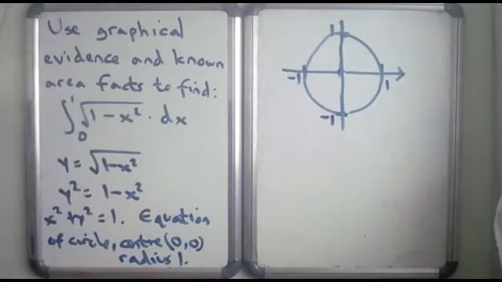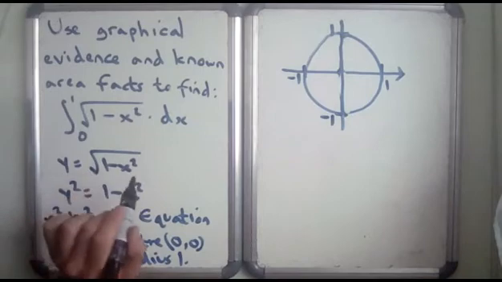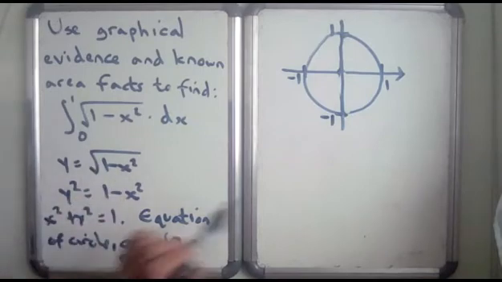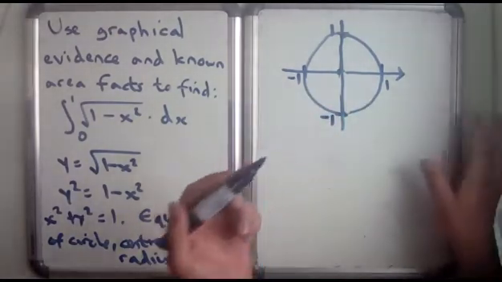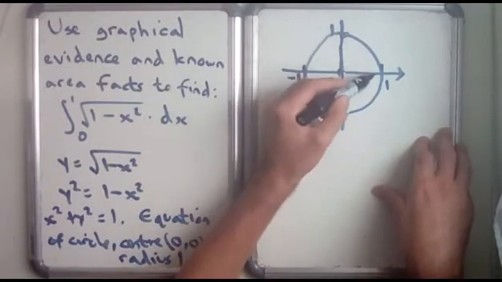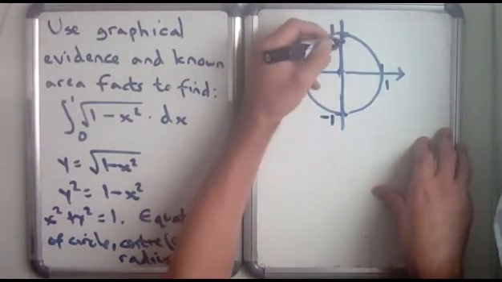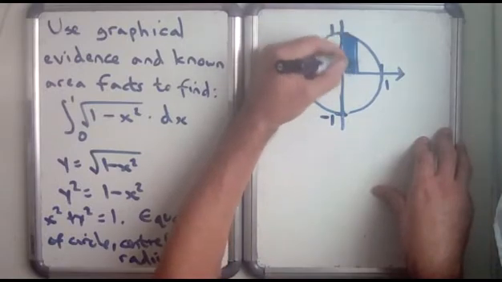But the thing to be careful of is that the initial f of x was the square root of 1 minus x squared, so we should not be considering positive and negative outputs. Between 0 and 1, you're only actually interested in this quarter circle here, so we want this as the function.